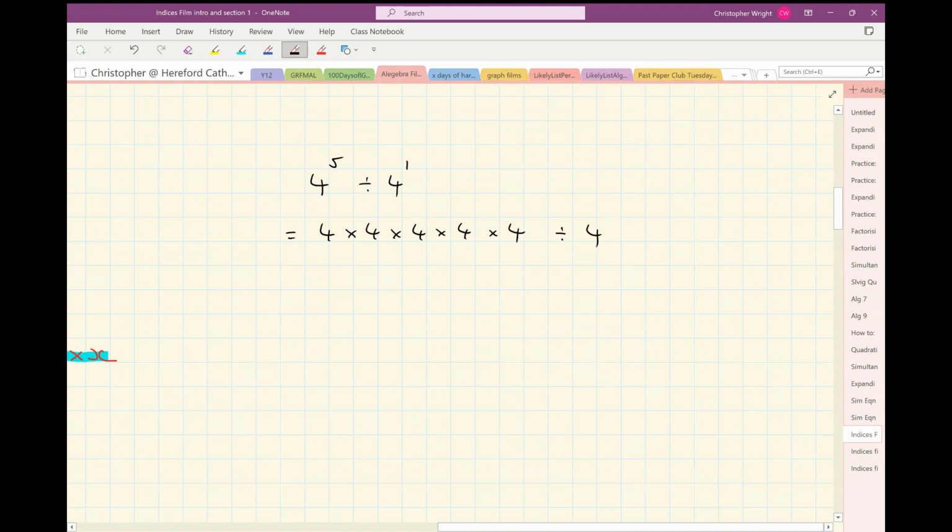Well, if you're going to write out 4 to the power of 5, and then you're going to divide it by 4, you might wonder, why would I bother to write out this last multiplied by 4? Because I'm just going to divide by 4, which is the inverse of the timesing by 4, so that'll just disappear. So you might as well just write out that.